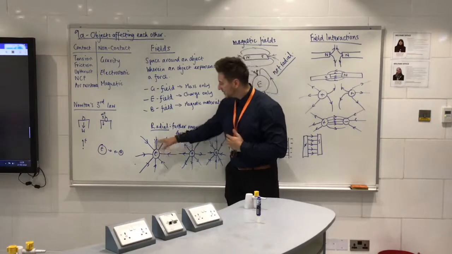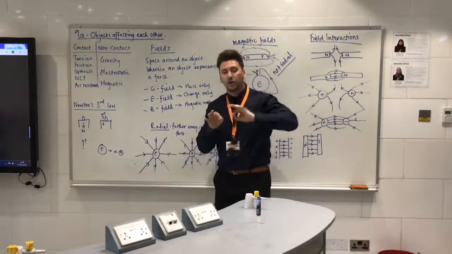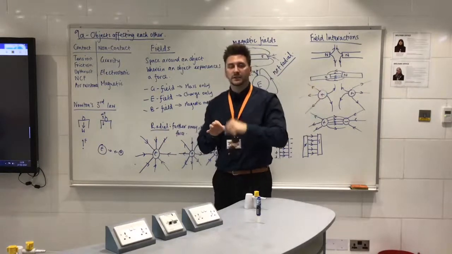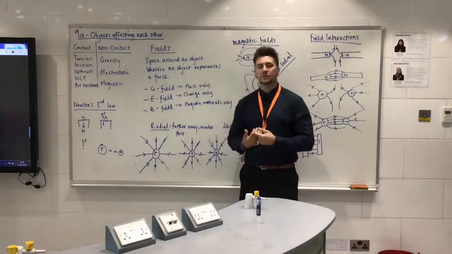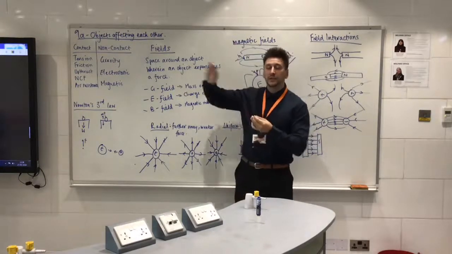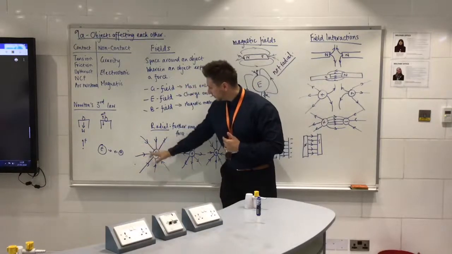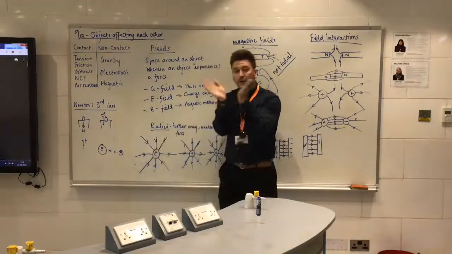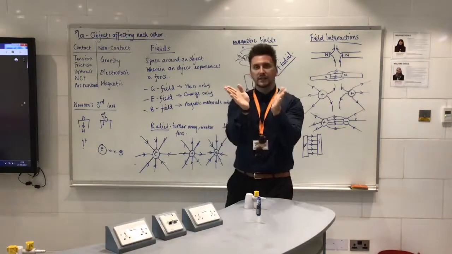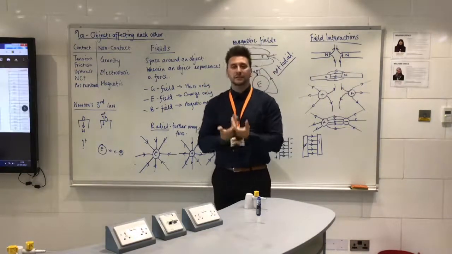The way that we draw that is by drawing field lines along the radius of the sphere from the center of the sphere, hence the name radial field. As a result, the further away from the object you are, the further apart the lines are in the diagram, which represents a weaker field.